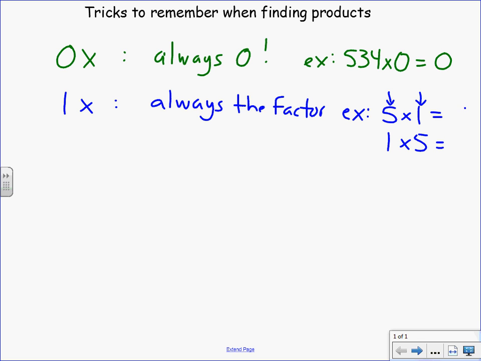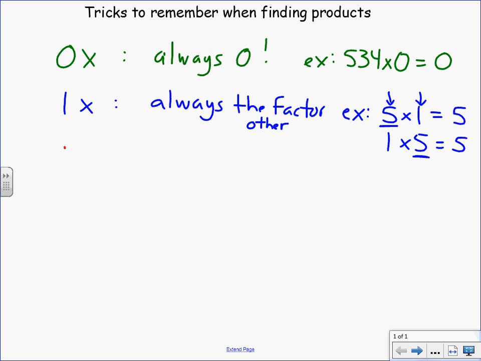So 1 times 5 is going to give you 5 because you only repeated 1. So it's always the other factor than the 1.